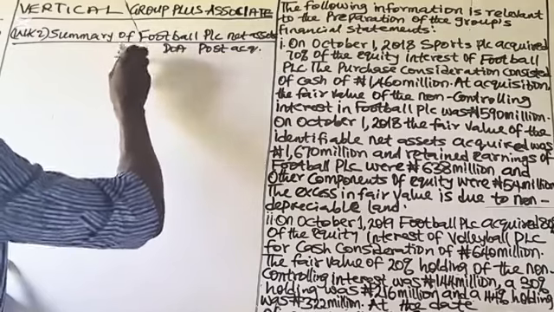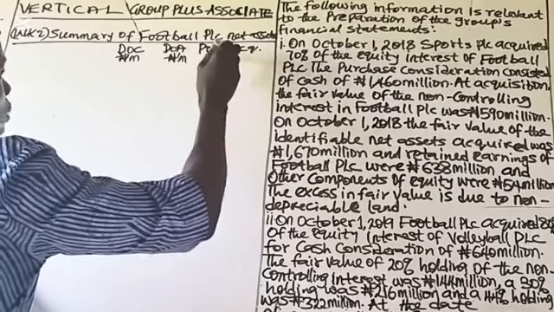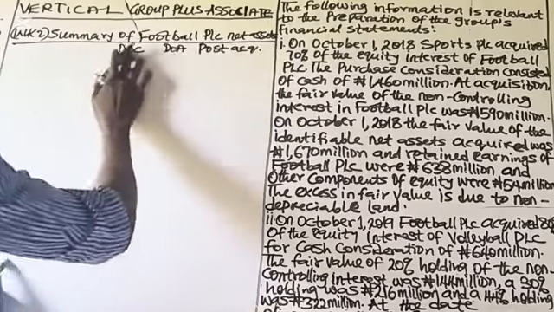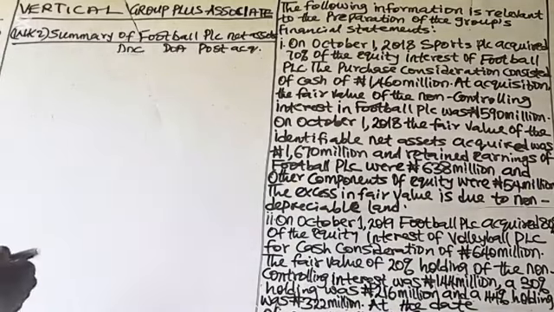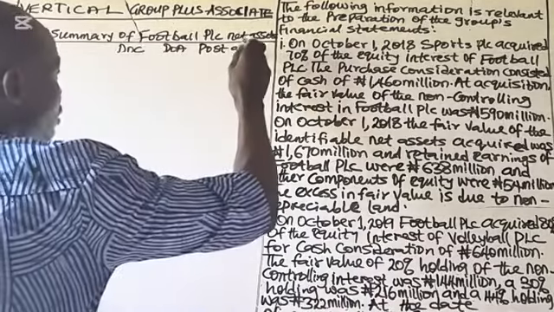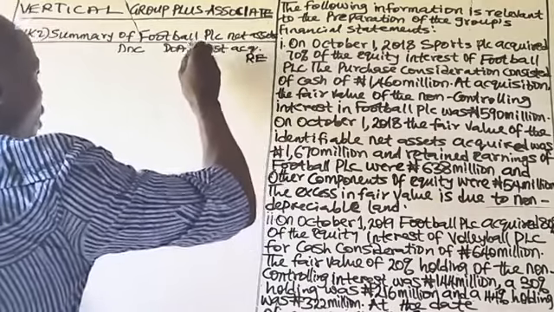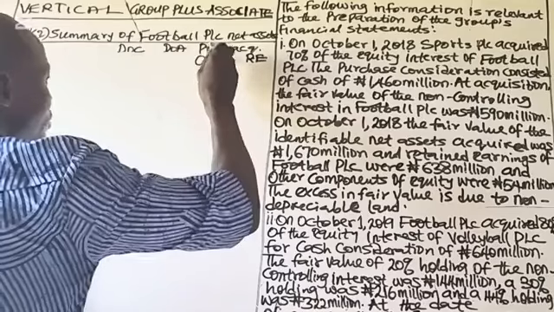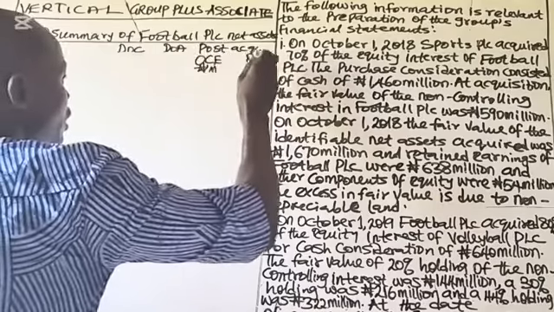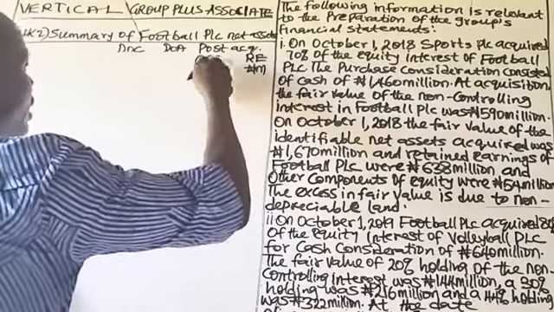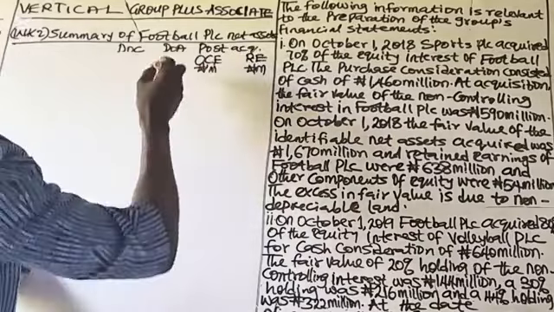Amount is in million naira. Then the post-acquisition period. In the equity section, you have retained earnings, RE, and other components of equity, OCE.